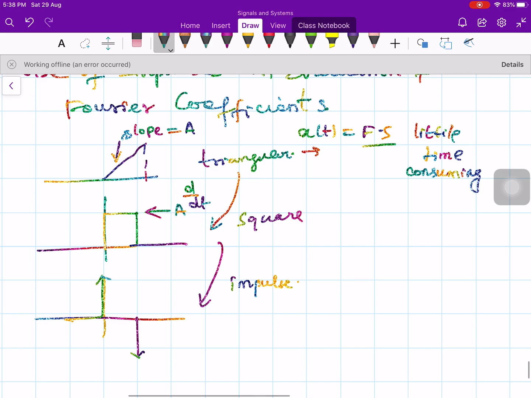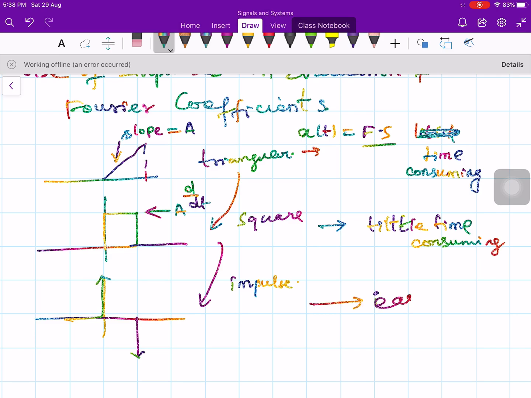Let me take a square wave; again, this is also a little time consuming job. It is a time consuming process. But if you have a train of impulses, then it is very easy.